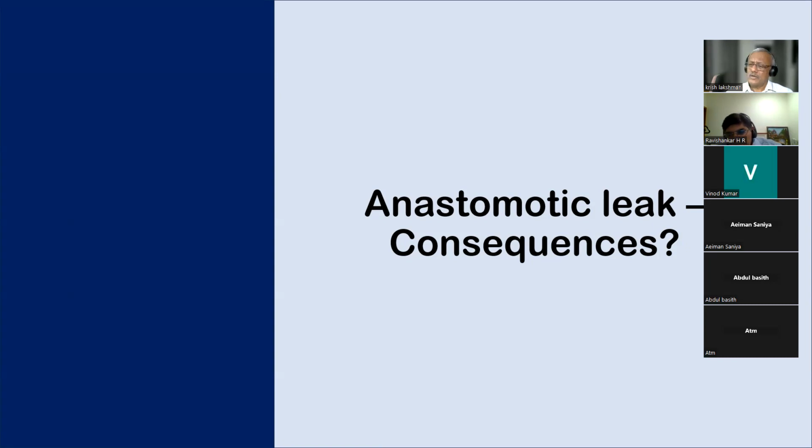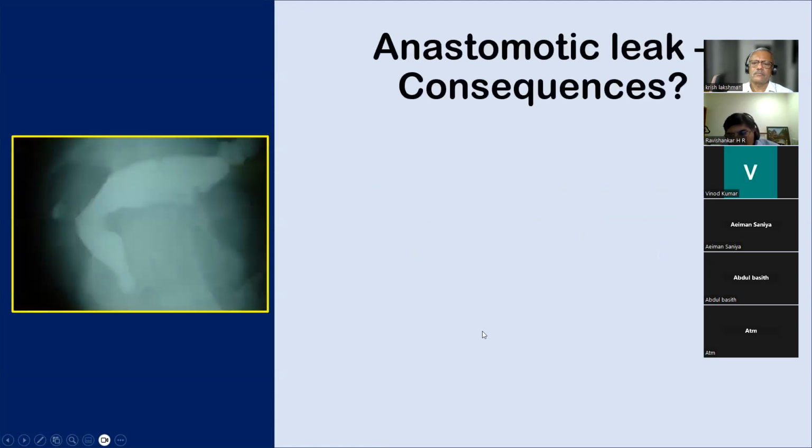We'll come to the clinical symptoms later once there's a leak. Morbidity will increase. Okay, in all the cases, all the time? No, sir. If the symptoms are there. So just list the problems that the patient can have.